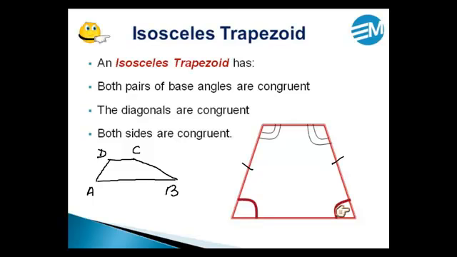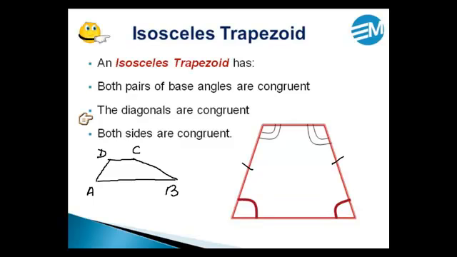But this one is, because this side is equal to this side. Since it is isosceles, its base angles are equal. For example, this angle is equal to this angle, and this angle is equal to this one. So it has one pair of opposite sides equal, and both pairs of base angles are congruent.